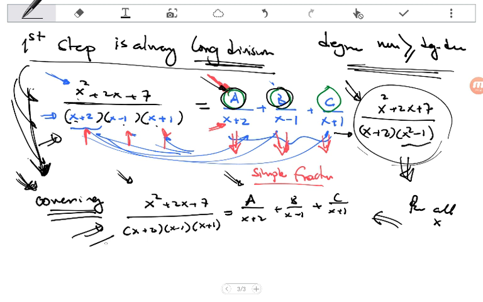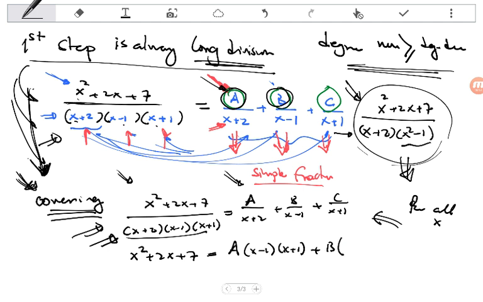Now I just multiply the equation by this denominator. So the result will be x squared plus 2x plus 7 is equal to a multiplied by x minus 1 multiplied by x plus 1.